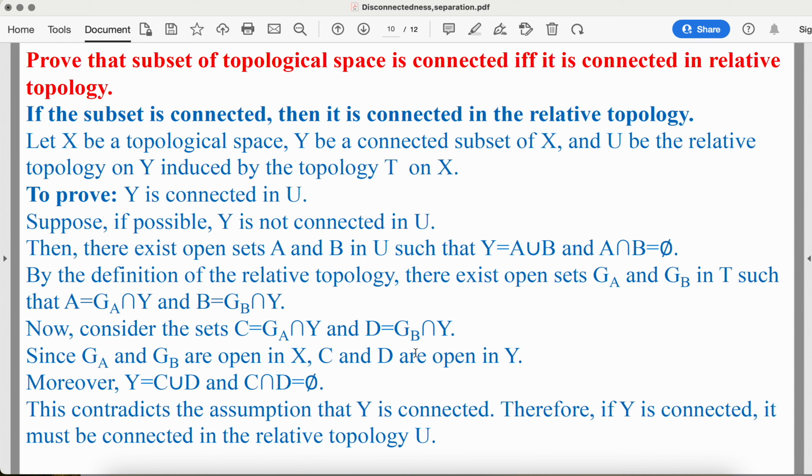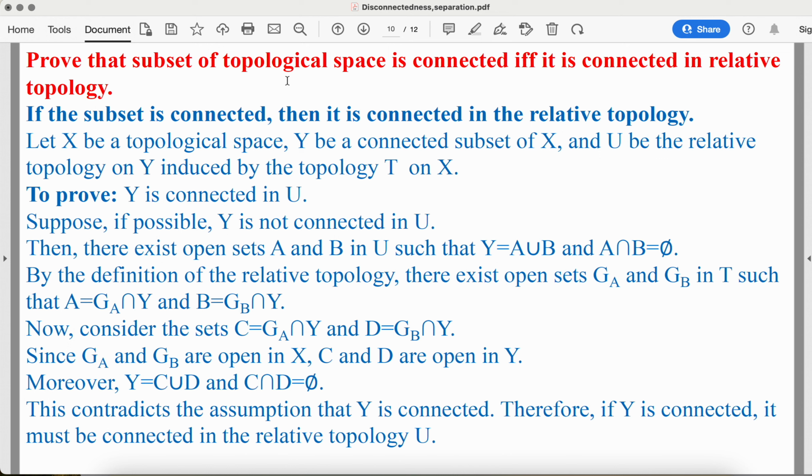Now one last result. A subset of a topological space is connected if and only if it is connected in relative topology. We have studied relative topology in previous lectures. So it contains two parts.